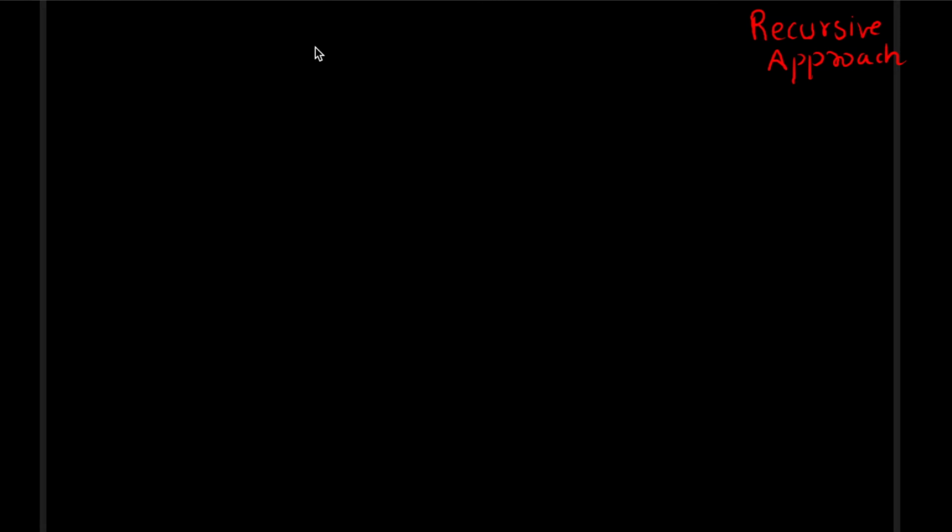So let's say the input is 2610. Initially we will be pointing at the first index, that is 2. Now when you are at this 0th index, you have two options.